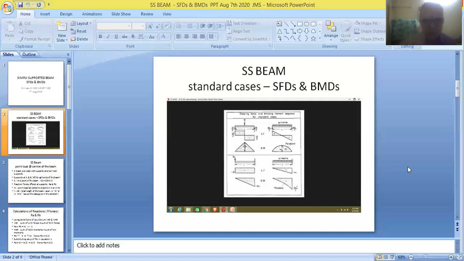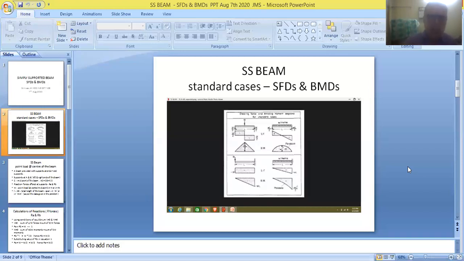Now, for the measurement of RA and RB, we have to use two conditions of equilibrium. One is sigma V equals 0. The other one is sigma M equals 0. That means sigma V equals 0 implies that the sum of all downward forces will be equivalent to the sum of upward forces.